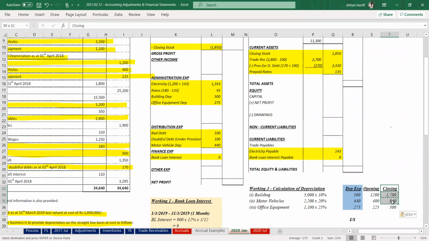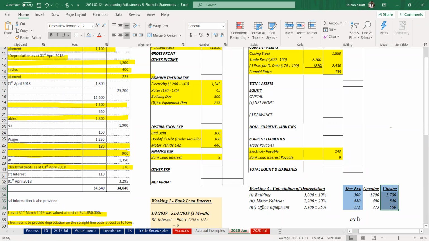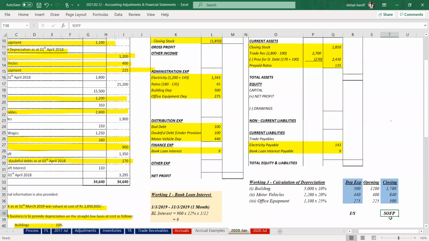This closing balance goes to the statement of financial position.